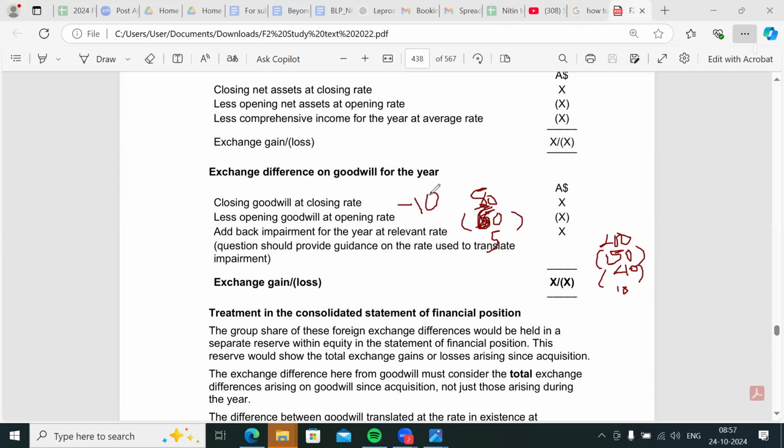And they're saying that add back impairment. Impairment is only 5, right? Add back impairment. What am I getting? Minus 5. So that means there was a loss. Minus 5 will be a loss, right? So this is the way you remember some examples. I think I'm taking more time to remember my own example, but you will remember it faster than me.